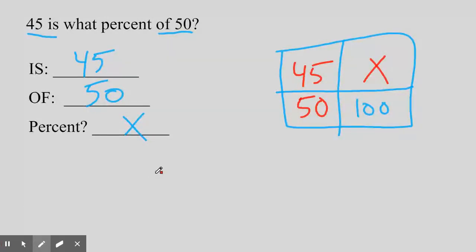All right, now that we have this all set up, we can go ahead and solve. The first thing we're going to do is cross multiply. Remember, cross multiply the two numbers you have in the diagonal. 45 times 100 will give me 4,500.